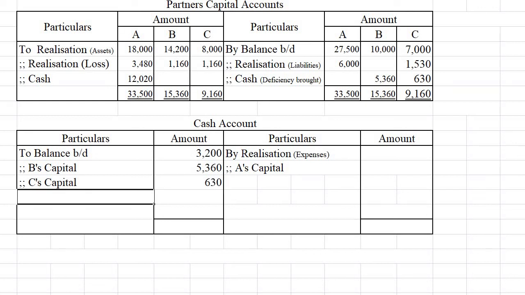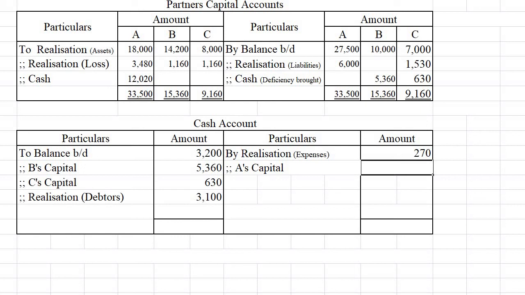Then debtors realized, that we can write to realization. Debtors realized for 3,100. Then realization expense, credit side realization expense we paid 270 and A's capital 12,020. That is the amount paid to A.